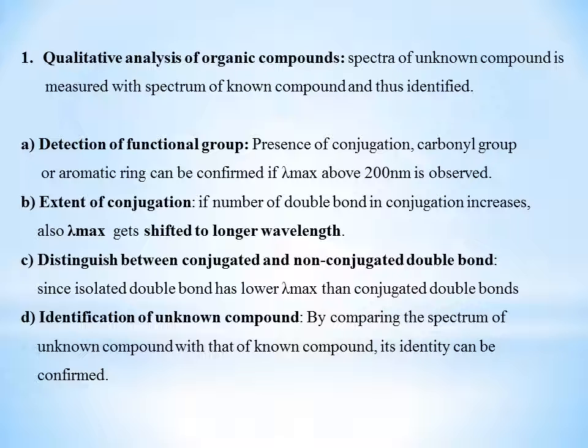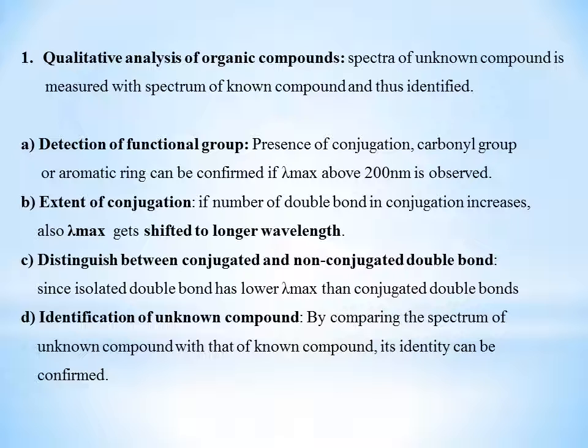If its lambda max is above 200 nanometer, then there can be presence of conjugation, carbonyl group or aromatic ring. We have to identify depending on the lambda max. That is, if it is above 200 nanometer, there can be some multiple bond, and multiple bonds can be in conjugation, in an aromatic ring, or in a carbonyl group.